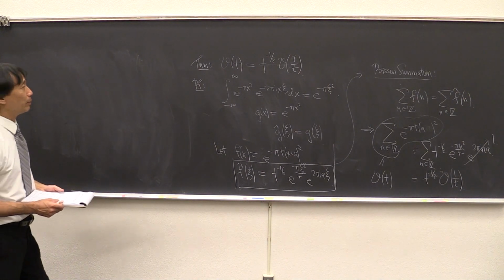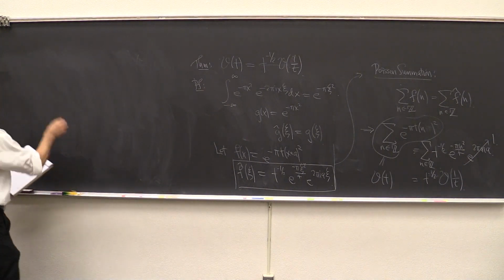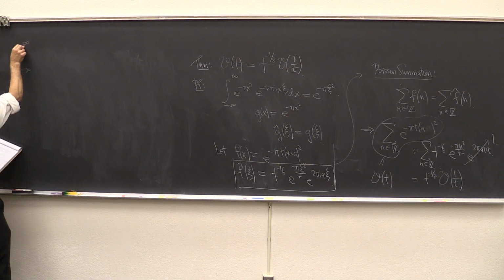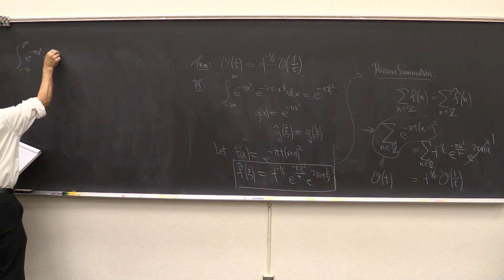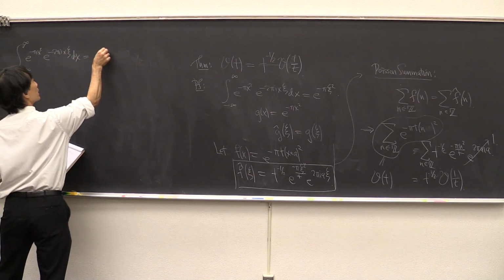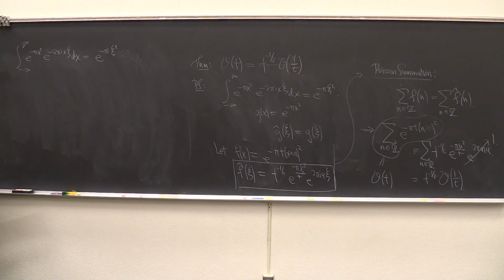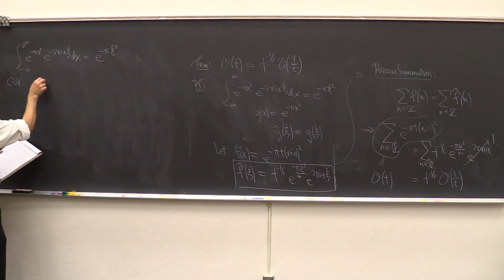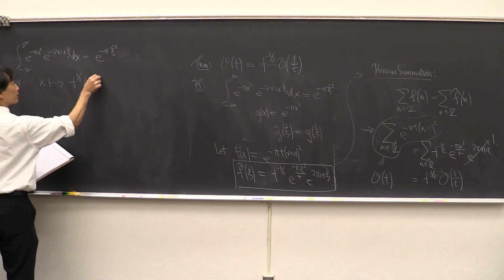So we get that from this expression, and we do it via a change of variable. Just let x turn into t to the 1/2 x plus a.